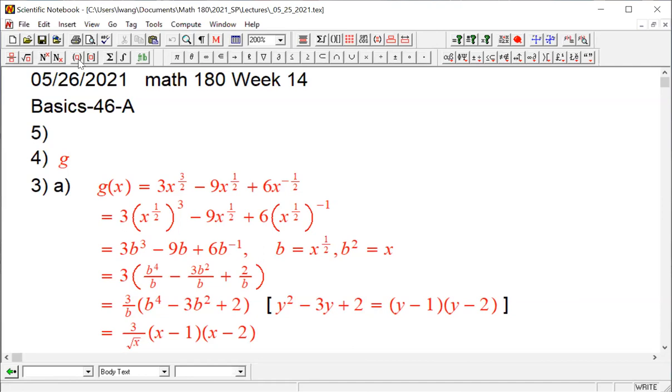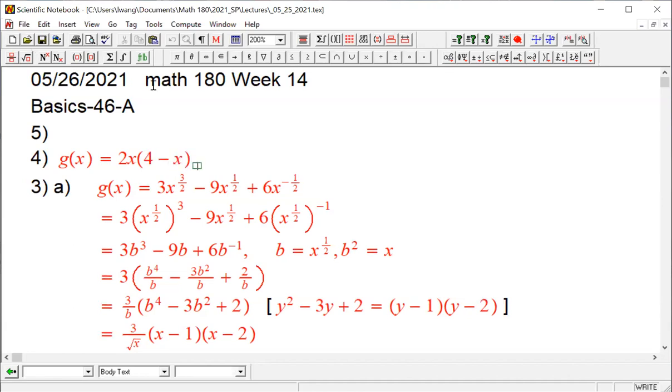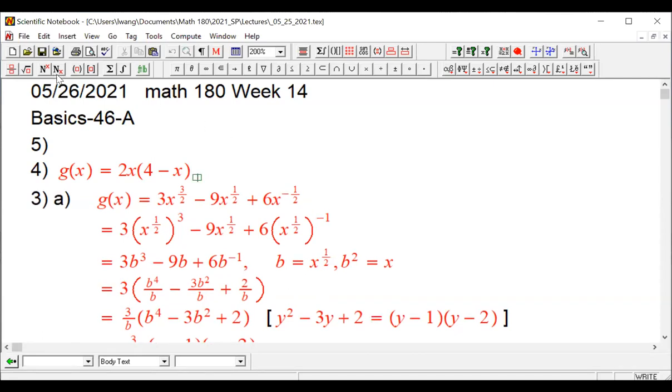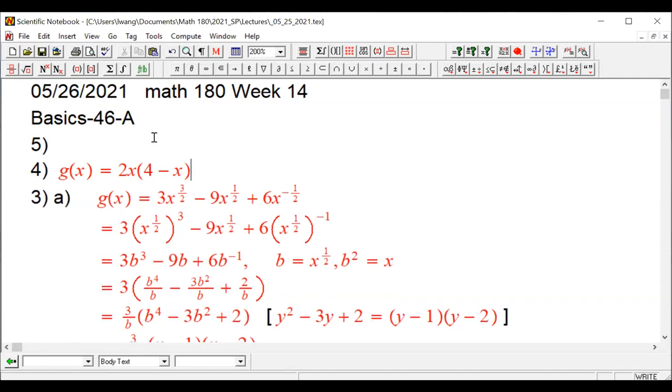For 4, we have g of x equals 2x multiplied by 4 minus x to the power of, sorry, I'm pressing the wrong button, to the power of -1/2.